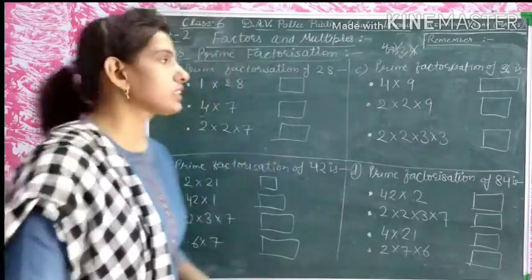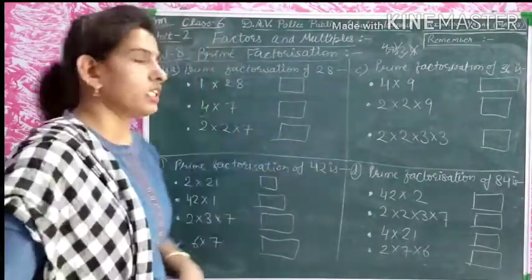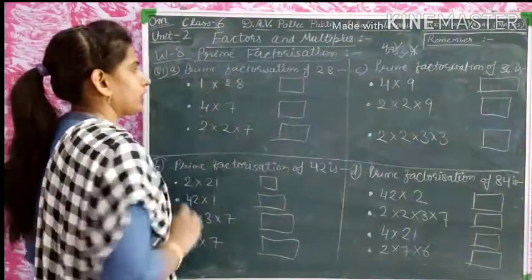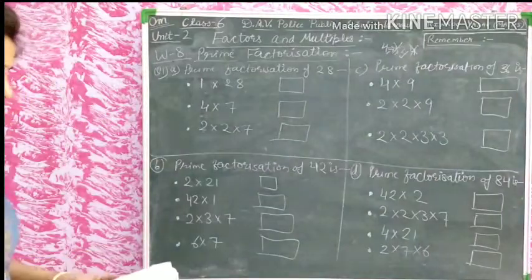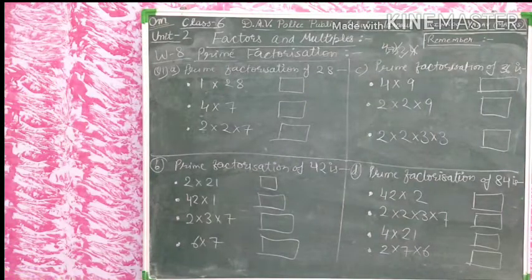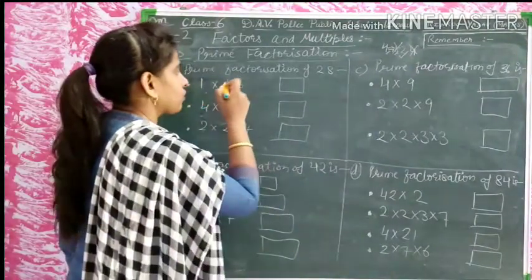Is it clear, students? So, prime factorization of 28. Is this the prime factorization of 28? Yes, 1 and 28? No. 1 and 28, this is not prime.